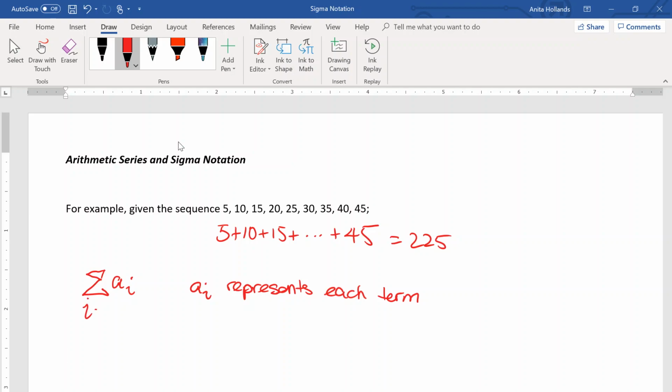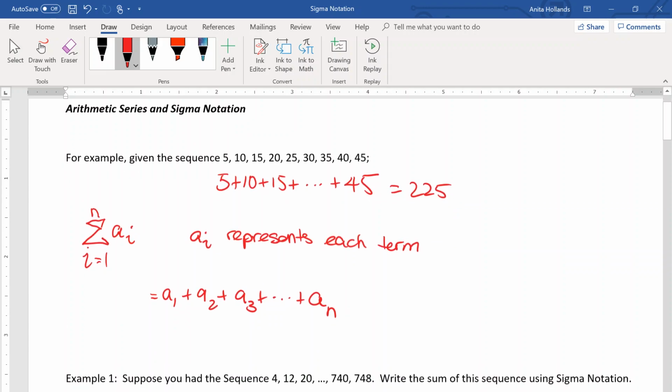So we might have i starting at 1 and going up to some finite number. So this would mean that we are summing A1 plus A2 plus A3 all the way up to A sub n. So n terms in this sequence, and we're summing them all up. And this is called an arithmetic series.